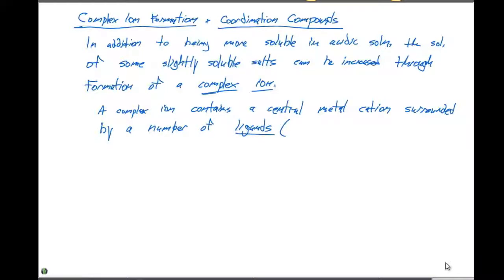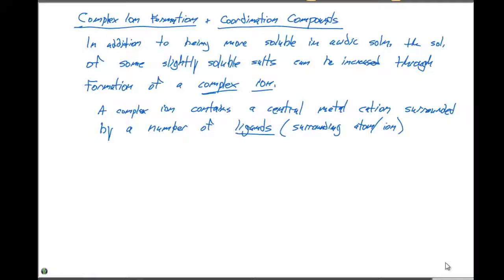And the thing that sucks about this definition is that I'm using a term, ligand, that we probably have to define to understand this. A ligand is simply a surrounding atom or ion. And these ligands act as a Lewis base, which have a pair of electrons that form what we call a coordinate covalent bond.